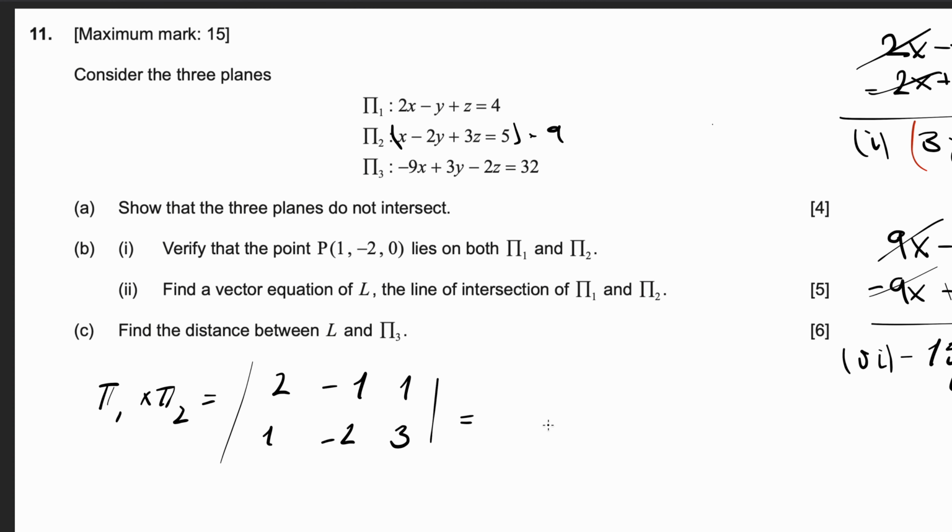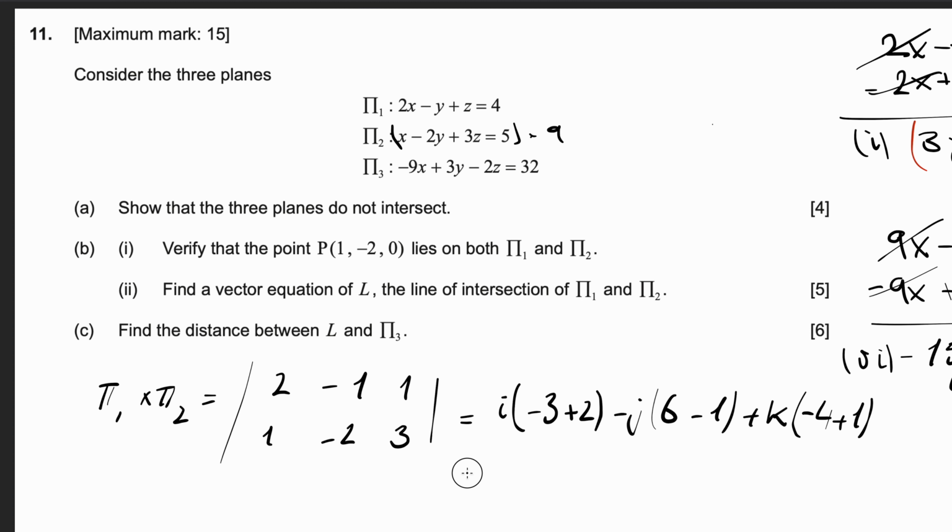So that's going to be i times negative 3 plus 2, minus j times 6 minus 1, plus k times negative 4 plus 1, so negative i minus 5j minus 3k.